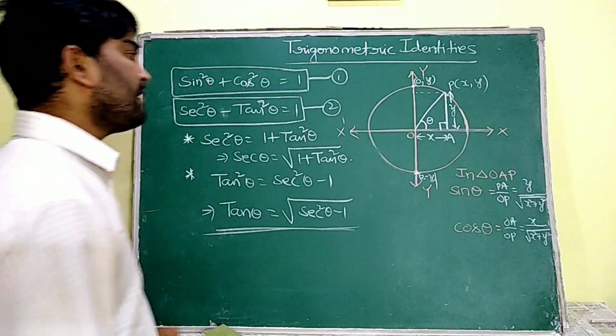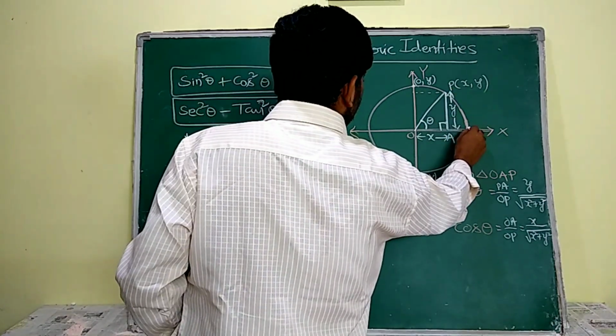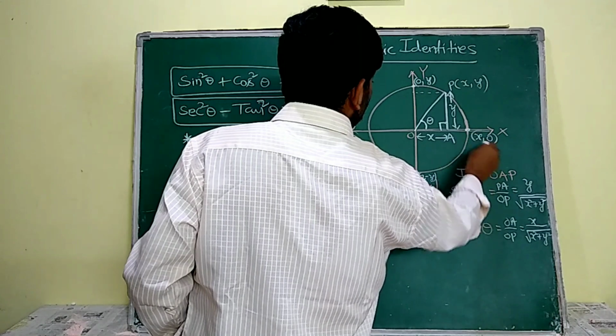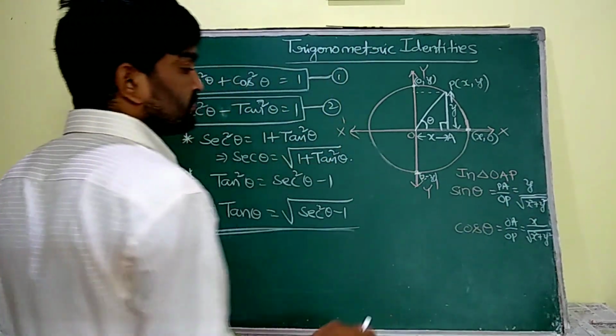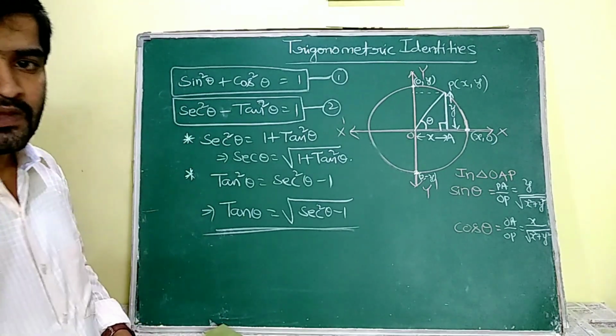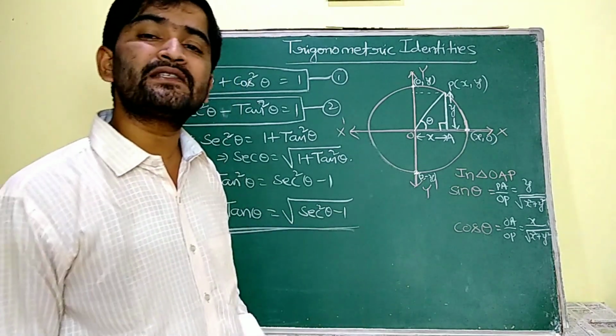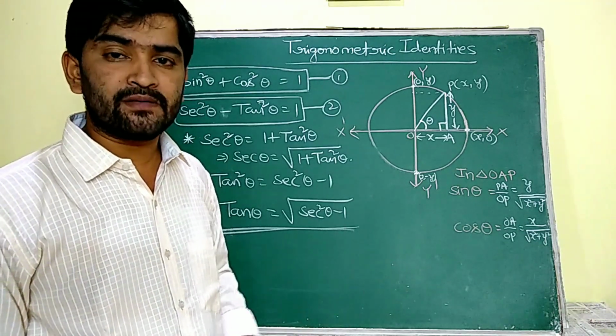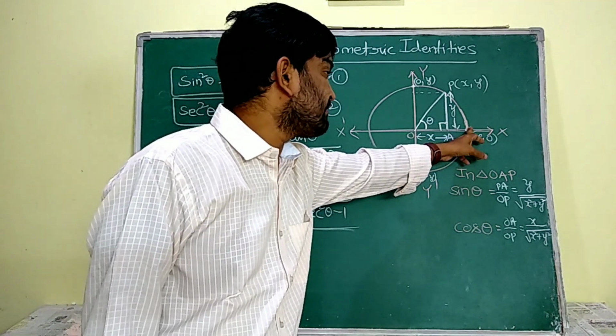If I place this P here, then this point is some x comma 0. That means this y value becomes 0. If the y value becomes 0, sin theta becomes 0.